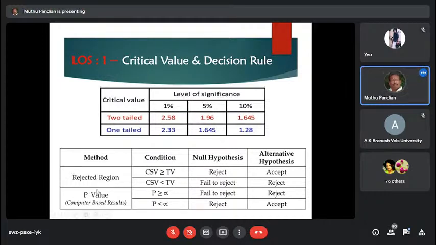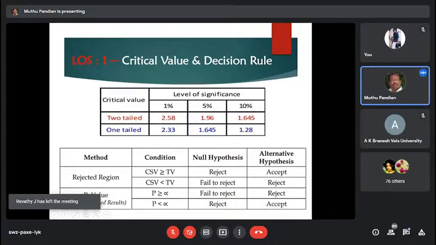P value stands for probability value. So we are going to talk about this probability value only. The P value is a computer based method. Whenever the P value comes, we have to compare it with our level of significance.